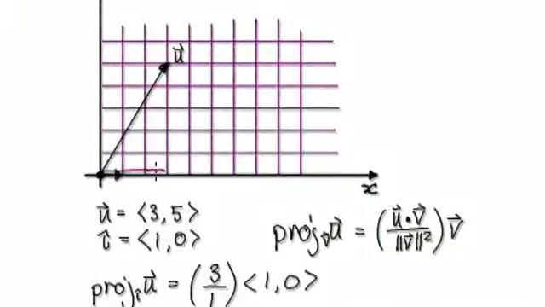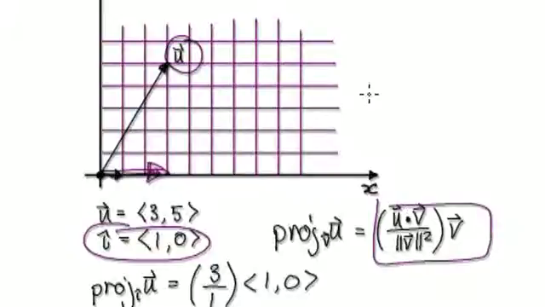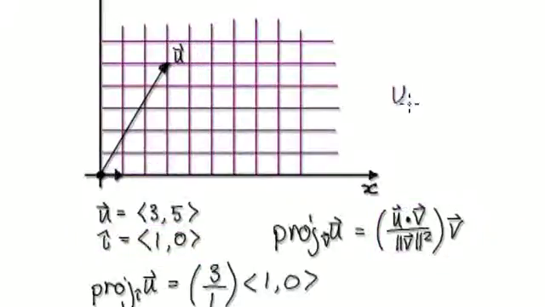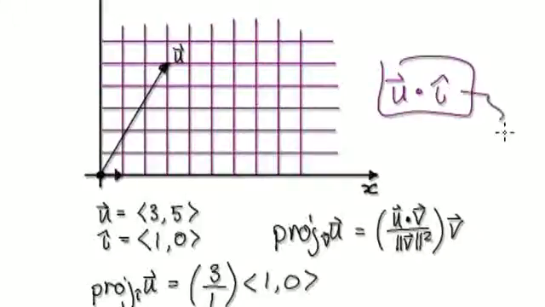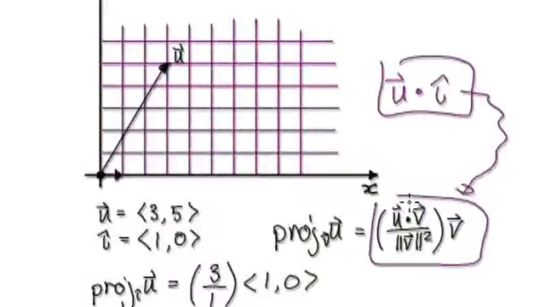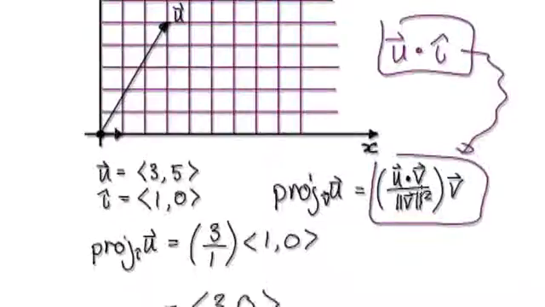So if you want to know the component of u in the I direction, rather than doing this whole thing, you can just simply perform the dot product of the vector u and the unit vector I, and try to understand why.